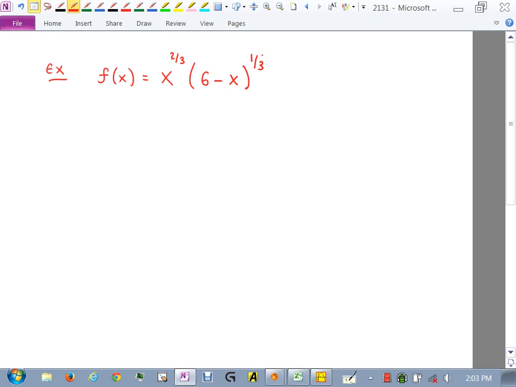So let me make a little point here about what we've done up to this point. The first function we graphed was a polynomial function, which can be graphed in college algebra. The second one we did was a rational function, which can be graphed in college algebra. This is neither of those.